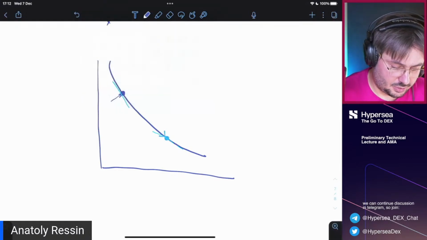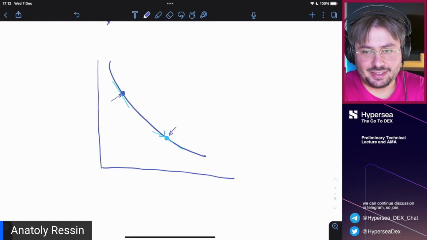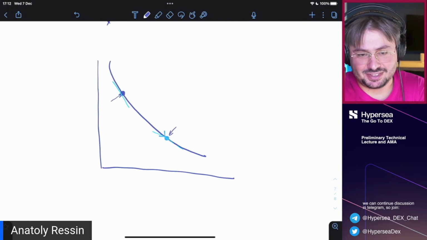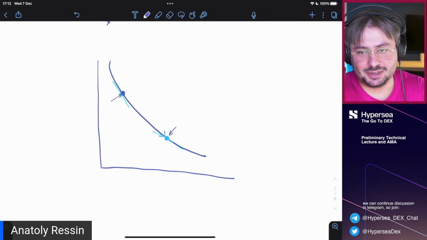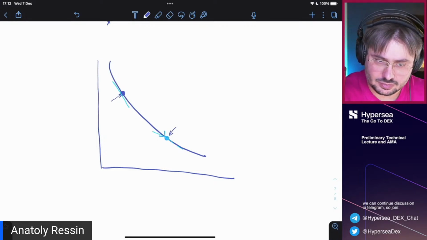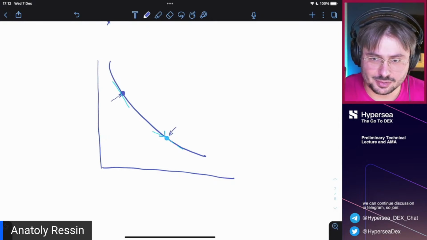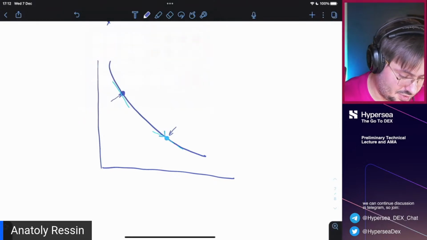And now the question: we are here, and oracles started to report another fair price. And now the next trade is being processed by HyperC.